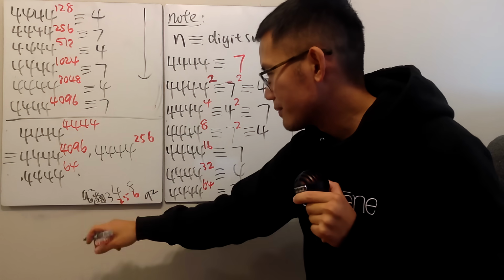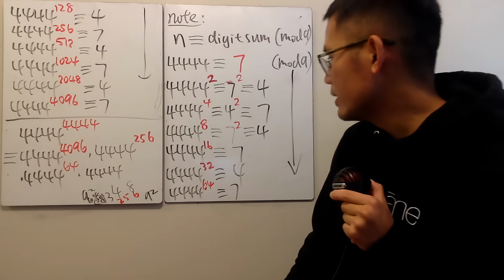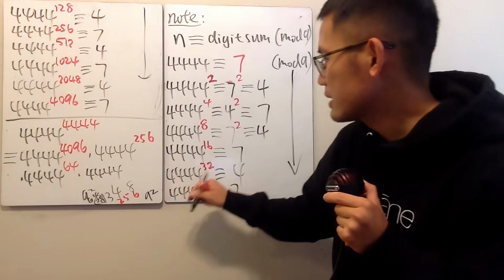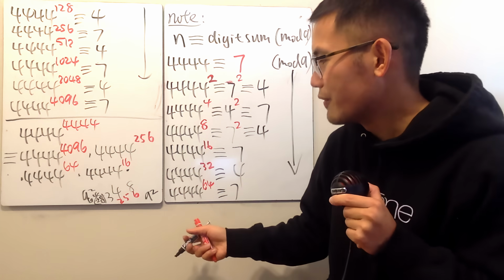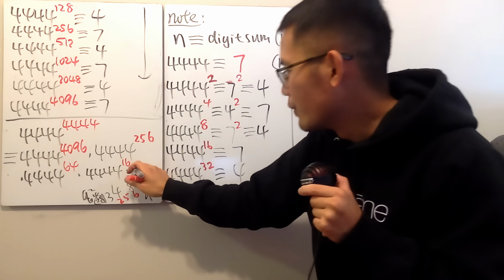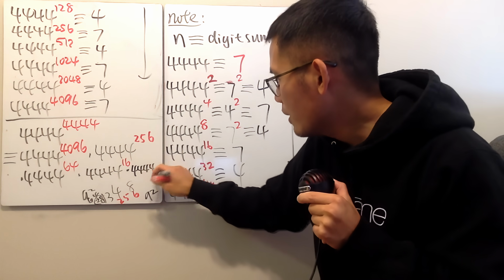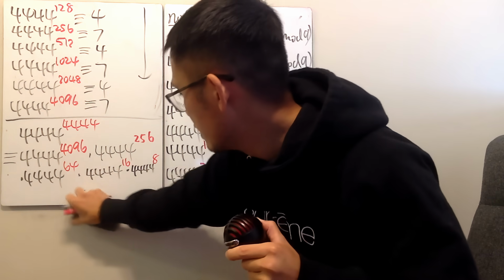Am I right? Yes. 28 is the same as 16 plus 12, so I need a 12, which is 8 and 4. So 4444^16, and then I need an 8, and lastly I need a 4.